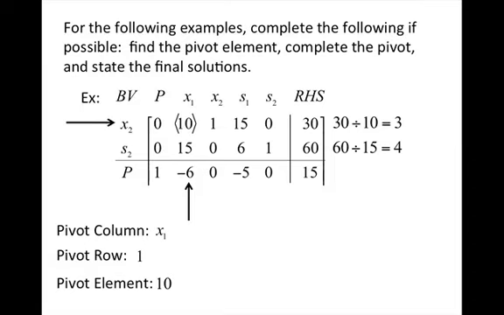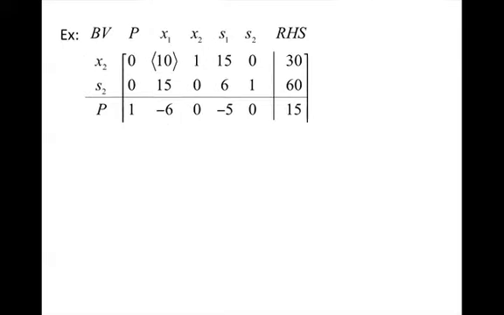So now that I've identified my pivot element of 10, I want to complete the pivot operation for that column. This just means I'm going to make the 10 become a 1 and make the 15 and the negative 6 become zeros. So first, I begin by making that 10 become a 1 by dividing row 1 by 10.